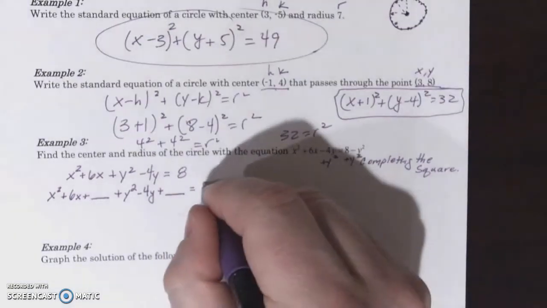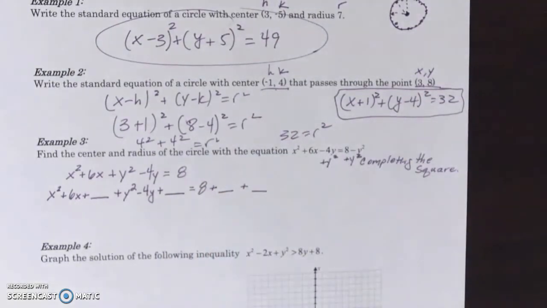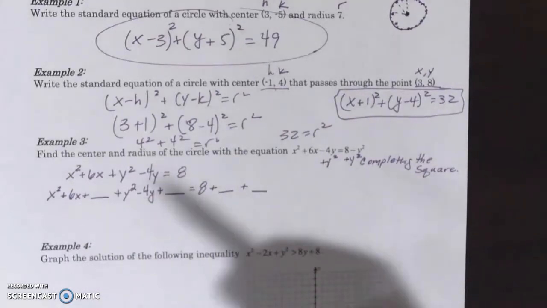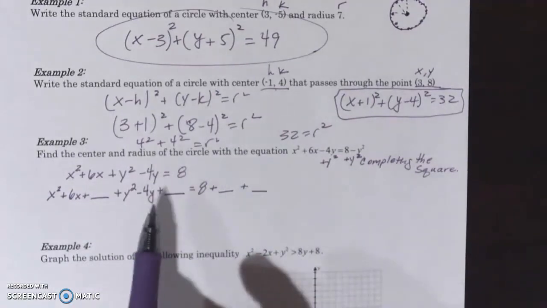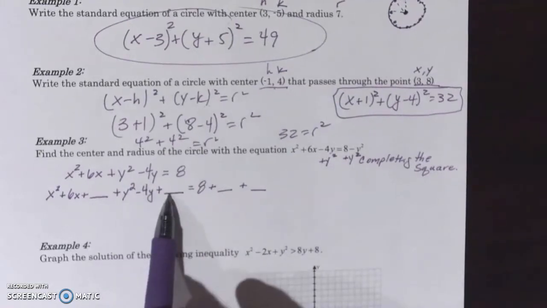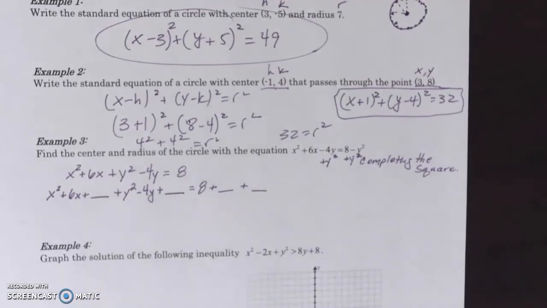At the same time, we know algebraically that anything we need to do to one side of an equation, we have to do to the other side. How do we know these are going to be positives? Well, to get a perfect square trinomial, we're going to have pluses here, because a negative times a negative is going to give us a positive, and a positive times a positive is going to give us a positive. Okay?